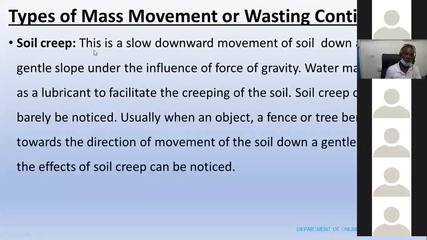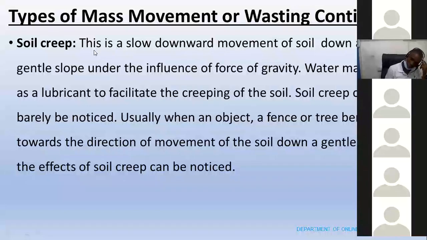Among the various types of mass wasting, soil creep can hardly or barely be noticed. It will be very difficult for individuals to even realize that this phenomenon is taking place in a particular landscape.